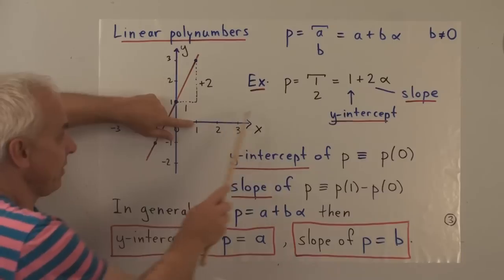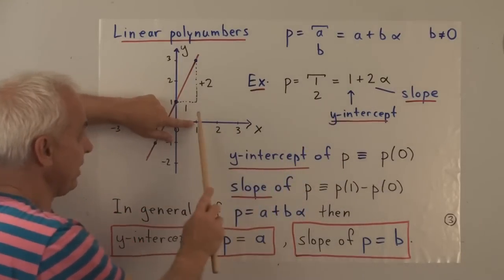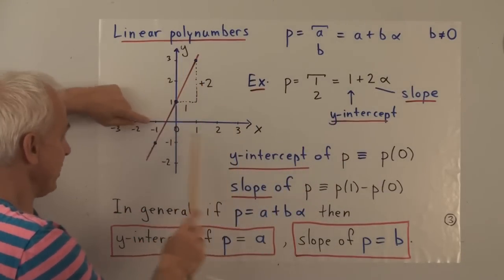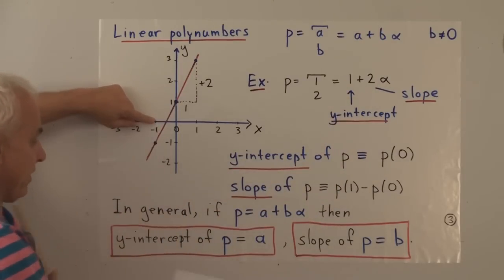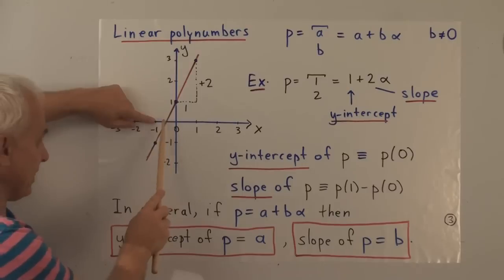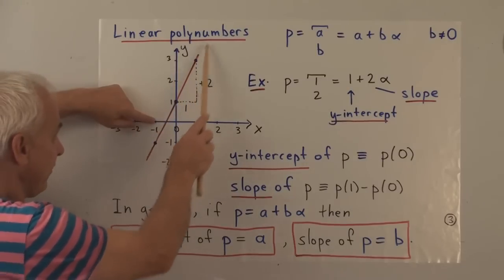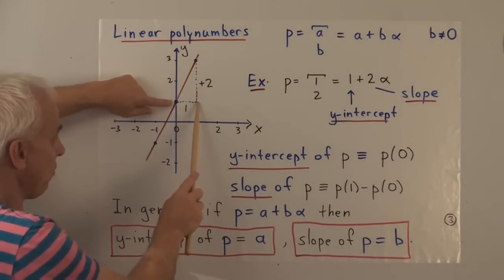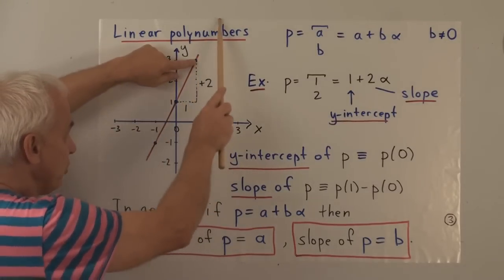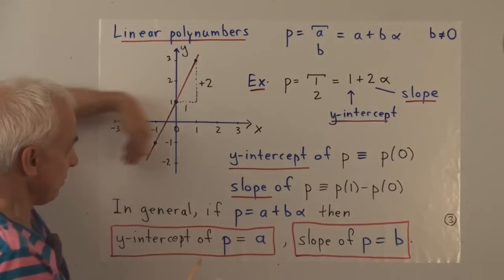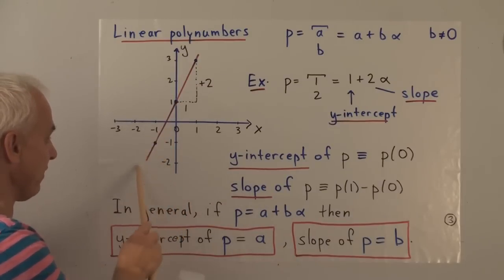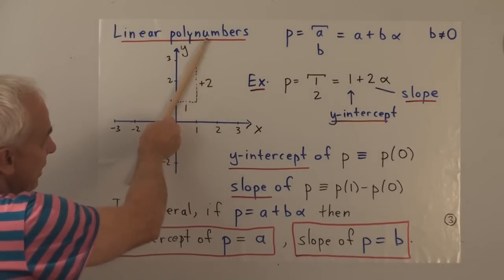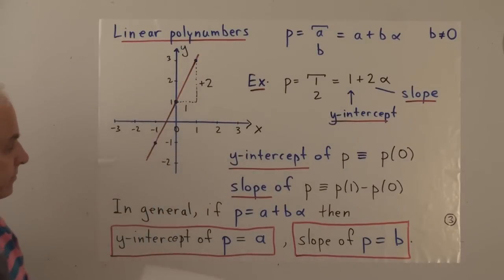When c is 1, the value is 3, so we plot 1, 3. When c is minus 1, the value is minus 1, so we plot minus 1, minus 1. And we get a sequence of points like this, moving each time 2 up as we move 1 to the right. And of course, to the left, down 2 at every step. So we're getting that line there.